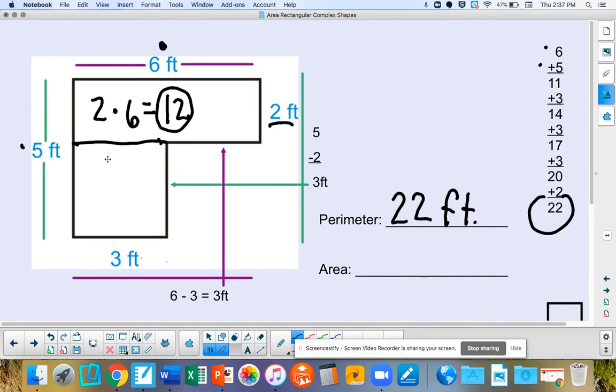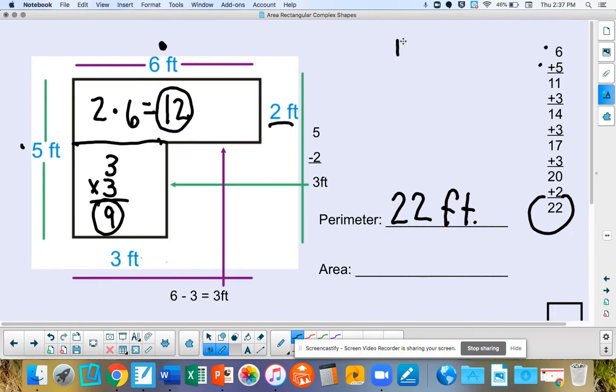This one was 3 feet. And the bottom is 3 feet. So we are going to be using 3 times 3. 3 times 3 is 9. And again, we put it right inside the box so that we have the area of each of those boxes.